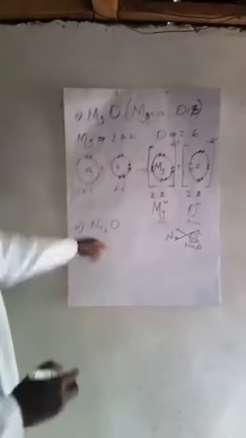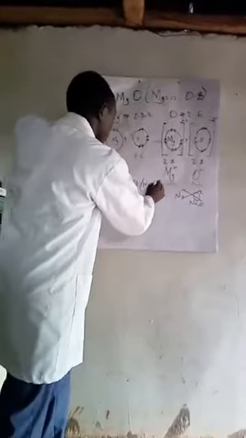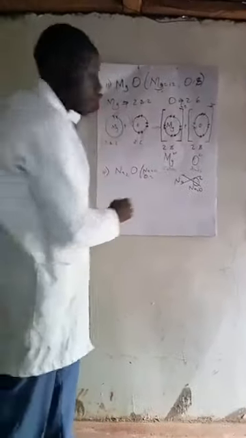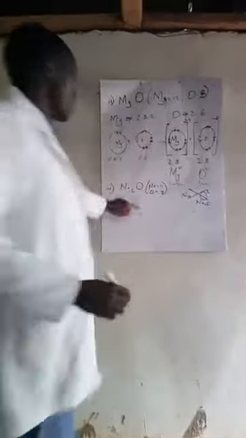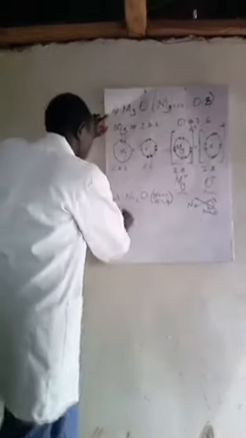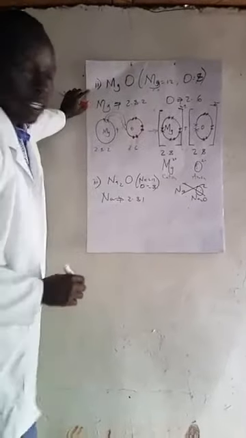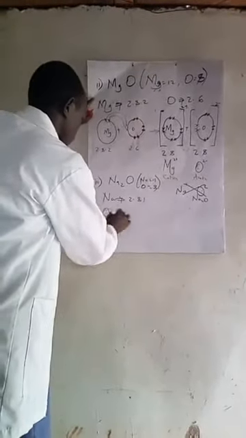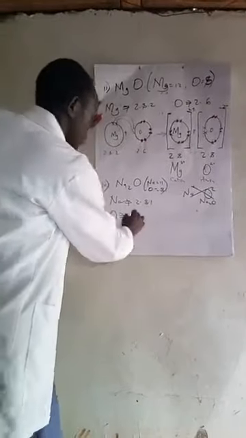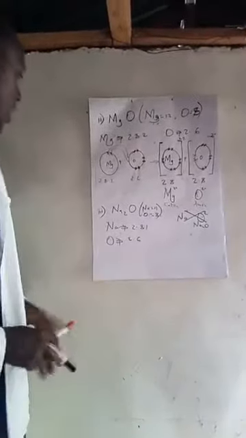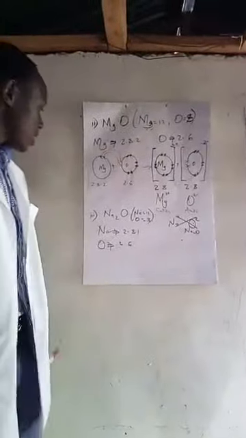Now when you write sodium oxide like that, we know that sodium is atomic number 11 and oxygen is atomic number 8. The electron configuration of sodium is 2, 8, 1, and the electron configuration of oxygen is 2, 6, as we have already said.